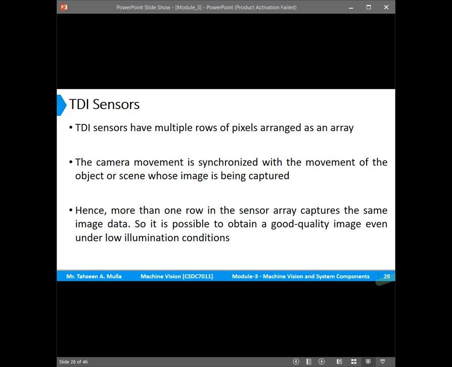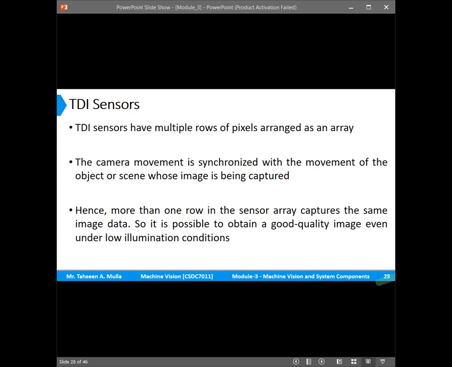With TDI sensors, camera movement is synchronized with the movement of the object. So the moment the object moves on the conveyor belt, the camera goes along with it and scans the particular scene whose image is being captured. Once more than one row in the sensor array captures the same image data, it is possible to obtain a good quality image even under low illumination conditions. If we need high light, then it's okay.